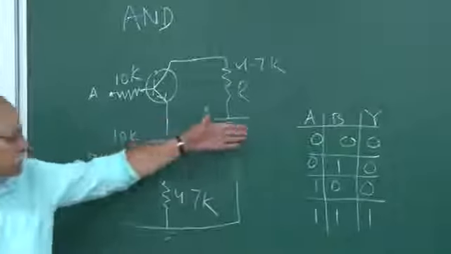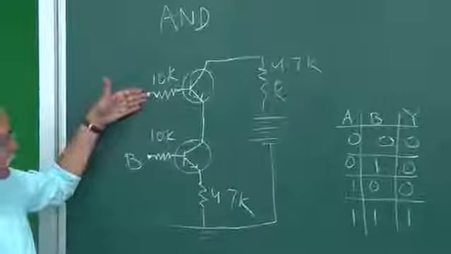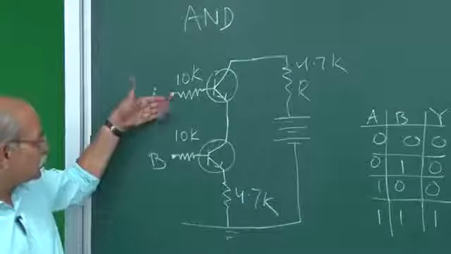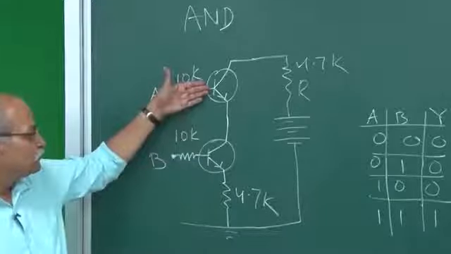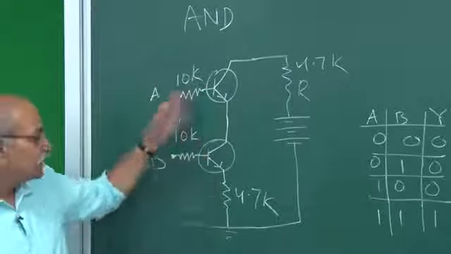So, if A is 0, B is 0, you are not giving any biasing here, you are not giving any biasing here, you are connecting it to ground, you are also connecting it to ground. In that case, both the transistors are in cutoff mode and therefore no current goes.